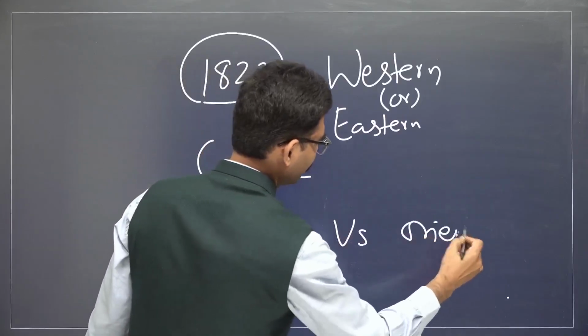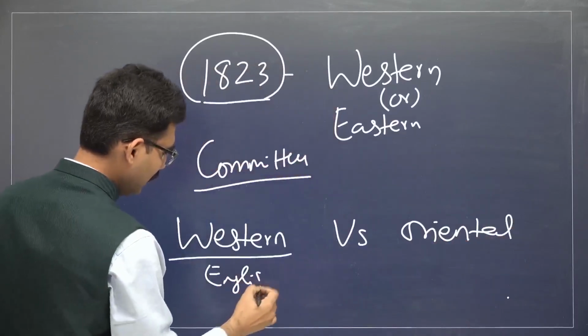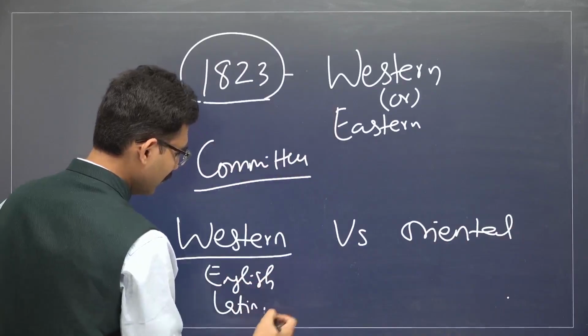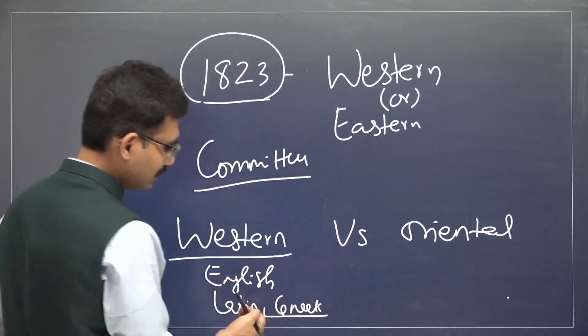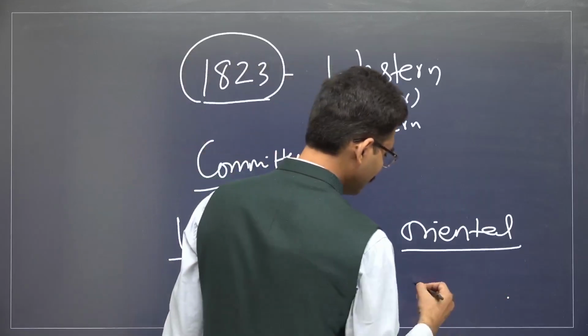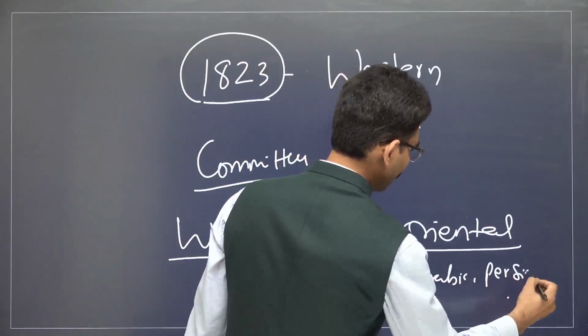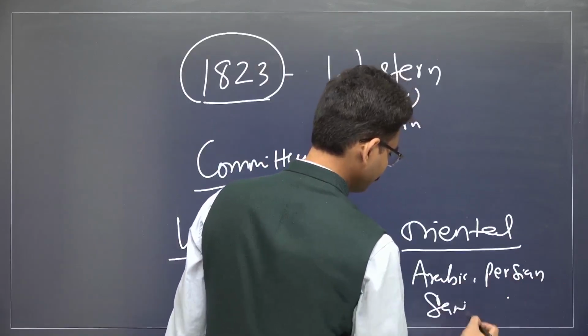Suppose they say English, Latin, Greek language should be used so that European subjects can be read in this. But when it comes to Oriental, they will say Arabic, Persian, and Sanskrit.